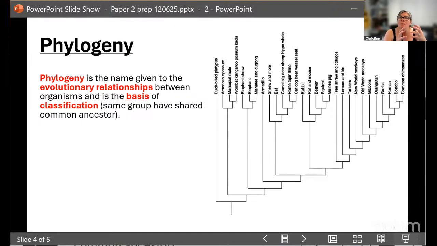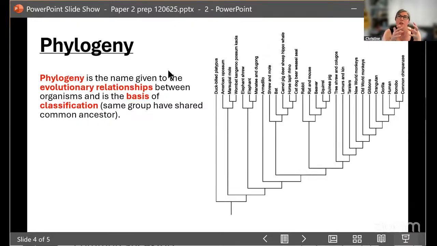To be able to do that, it is based on the basis of classification. So classification helps us with the grouping, how these groups are put together because they share common ancestors. Now, they don't ask you to understand what a clade is.